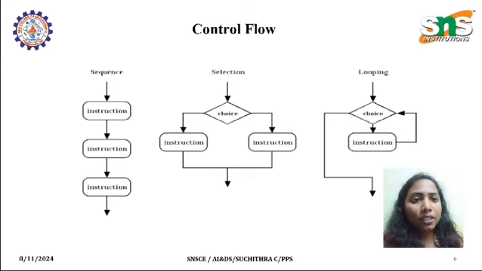The selection means choice. If the choice is yes, take one path, and if no, take the other. This is the flowchart for the selection. Then looping: after that instruction, the program stops. If it is no, we have to do some iteration, that is looping.